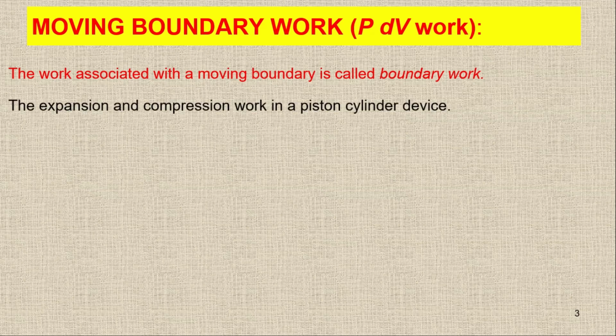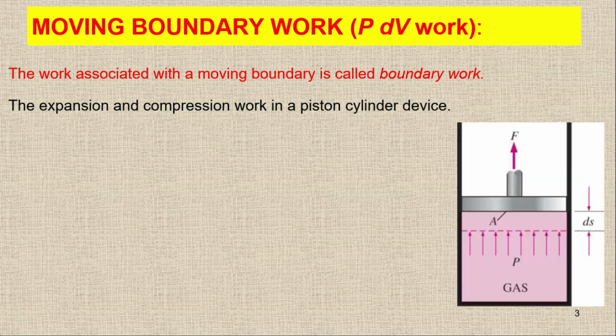So for this type of work, there should be a piston cylinder device. Whenever there is an expansion or compression process in a piston cylinder device, you will get a moving boundary work. Let's suppose we have a piston cylinder device, as you can see here.